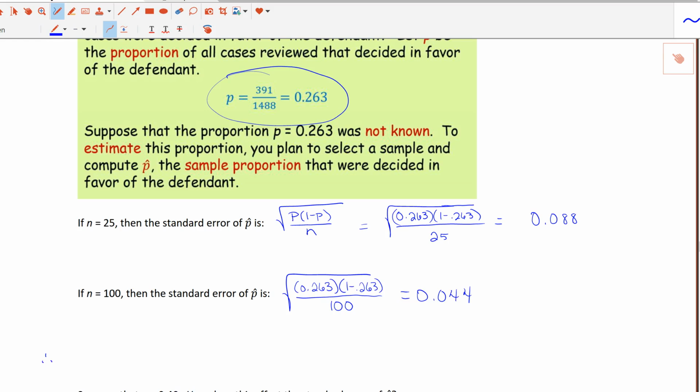So what does that tell us? It tells us that, therefore, the three little dots that make a triangle means therefore. I tend to do that sometimes just so I don't have to write it out. The larger the sample size, the smaller the standard error.